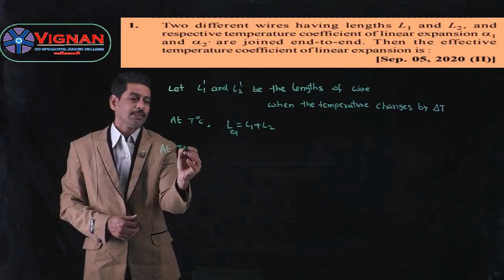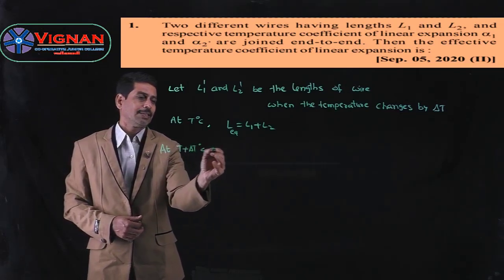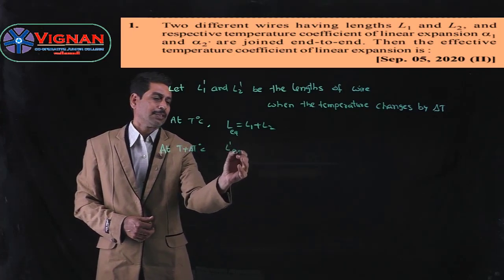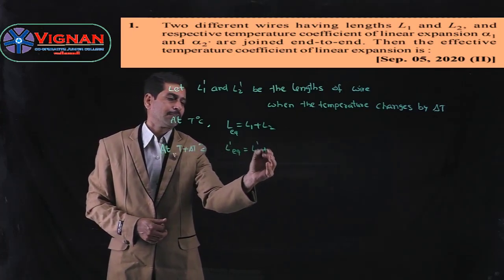At T plus delta T degree centigrade, L dash equivalent is equal to L1 dash plus L2 dash.